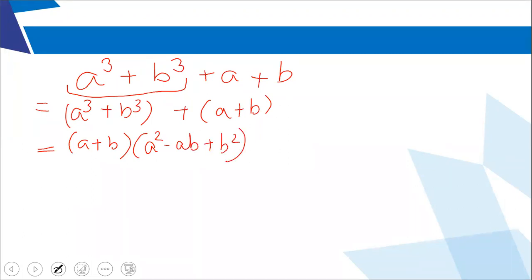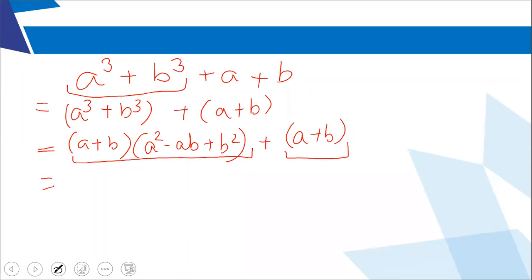Please keep your formula page open so that you are able to understand. And I need all of you to learn the identities, whatever 15-20 identities I have given you. Every identity should be on your fingertips. Okay, so a plus b is copied as it is. Then if you see, this is my first term, this is the second.